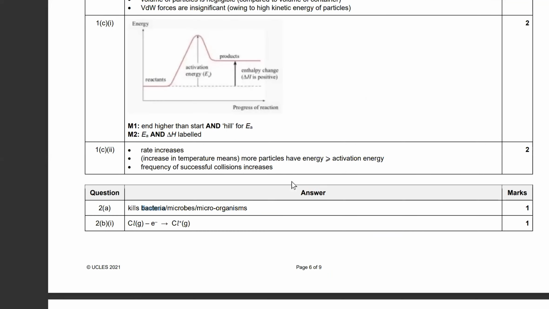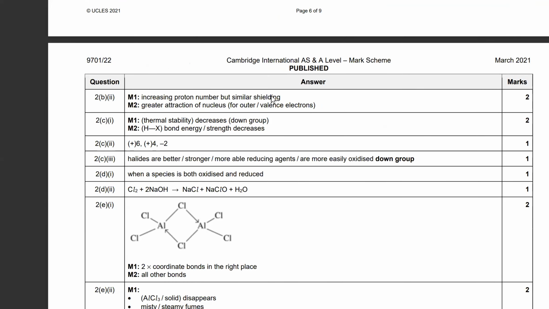It's just a 2-mark question, but remember this one. This is something that they've started doing now. They always give 1 mark for this statement at the end. That because of the above factor, although it's a very obvious statement, there's greater attraction of nucleus for valence electrons. Is that clear?